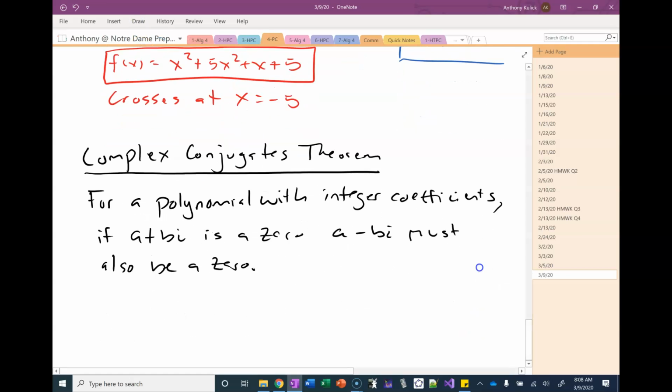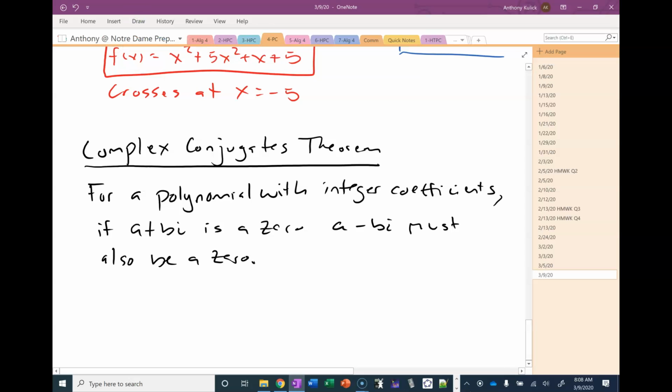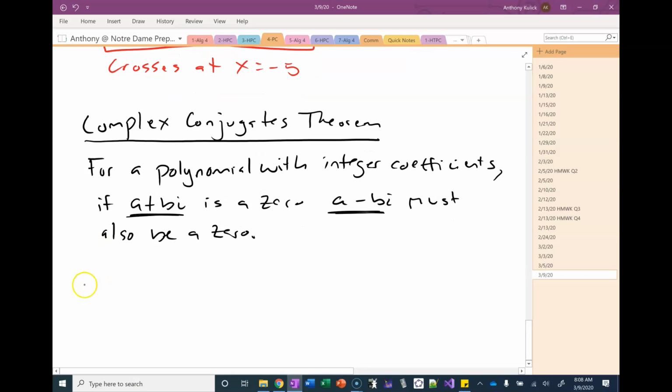So what the complex conjugates theorem says is that for a polynomial with integer coefficients, if a plus bi is a 0, then a minus bi must also be a 0. When we have two things that are the same, except for the sign in between them, we usually call those conjugates. It's like they make up the two parts for a difference of two squares. Okay. So let's look at an example.